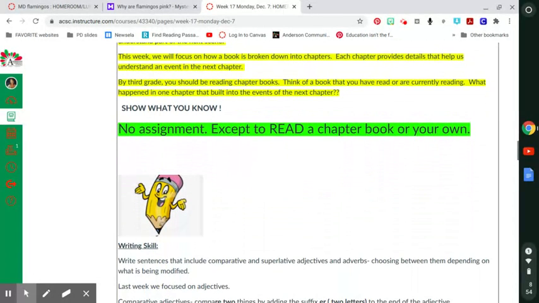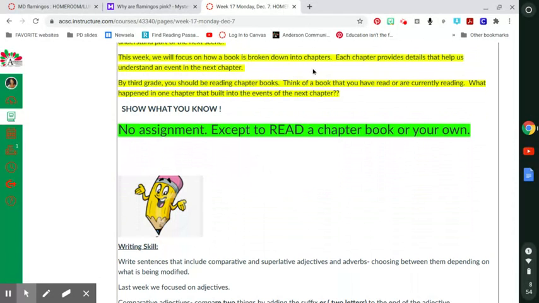Well, this week we're going to focus on how a book is broken down into chapters and that each chapter provides details that help us understand an event in the next chapter. By third grade, you should be reading chapter books. So think about a book that you've read or are currently reading and think about what happened in one chapter that built into the events of the next chapter.